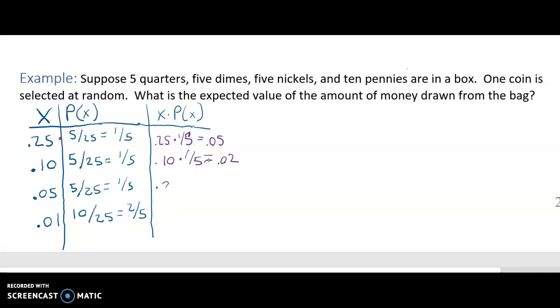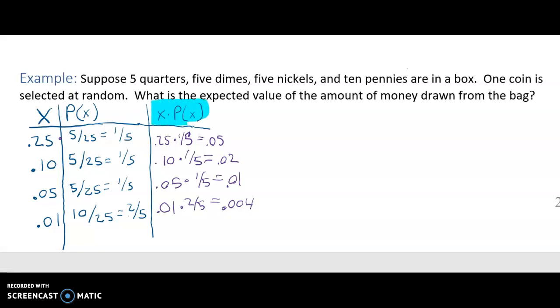Next we'll have 0.05 times 1/5, which equals 0.01. And finally we'll have 0.01 times 2/5, which equals 0.004.